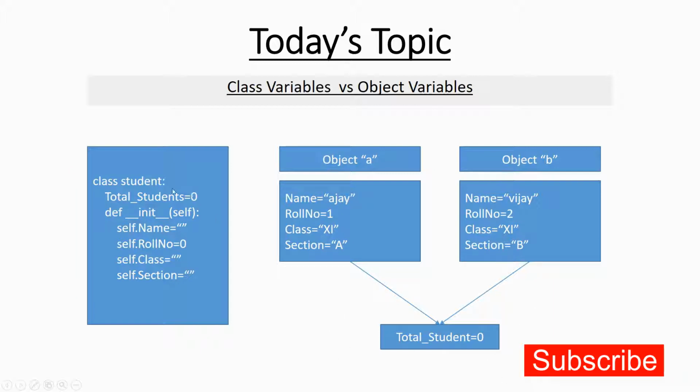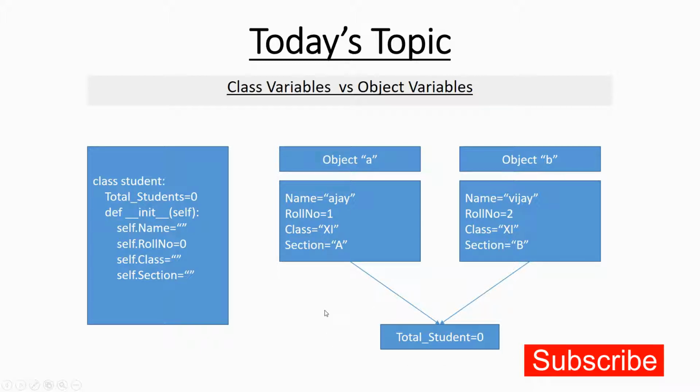I will also show you how to do that. So understand, a class variable is a variable that will have only one copy. It will not have multiple copies as we have with object variables. Since A and B are two objects, these are object variables since they have their own set of copies, but this will only have one copy.